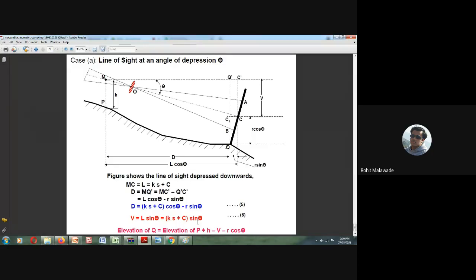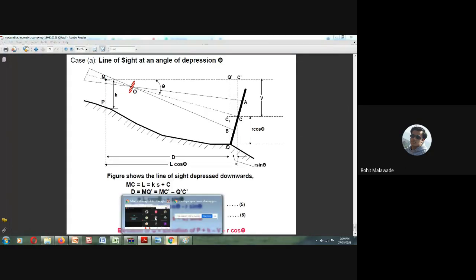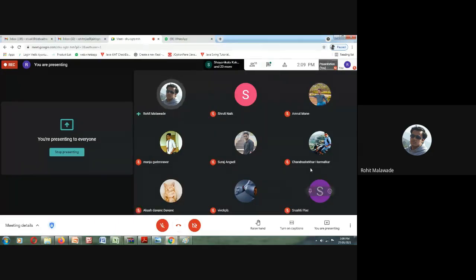Is it clear? Yes, sir. So in your next class, we will write down all these formulas systematically, for what case which formulas we are going to use, and then we will move ahead with the problems.